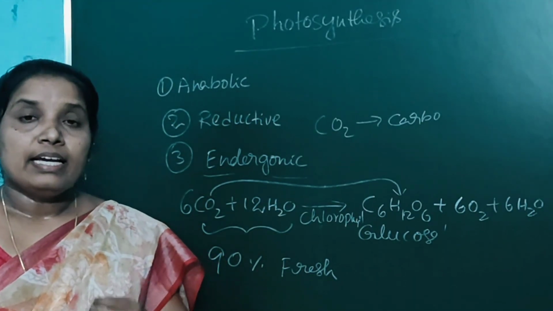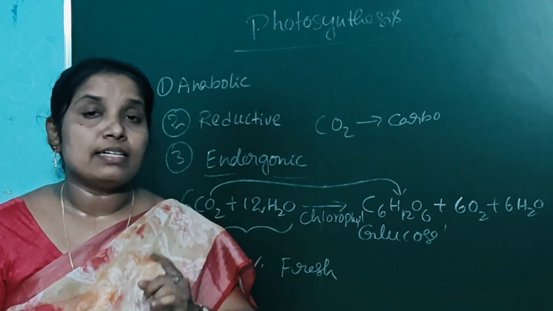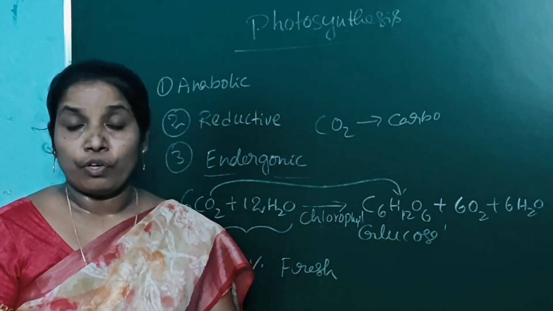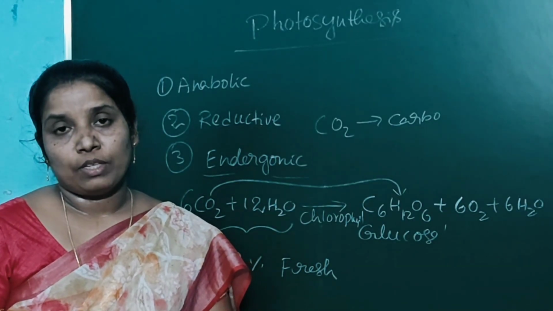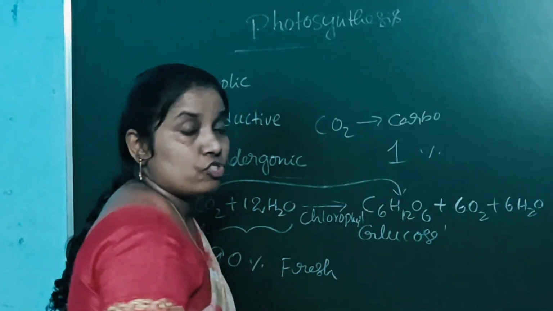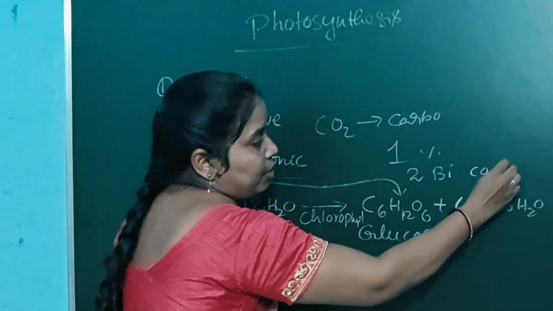Green plants utilize only 1% of the radiant energy and 2 billion tons of CO2 annually.